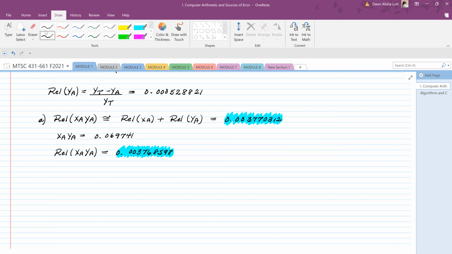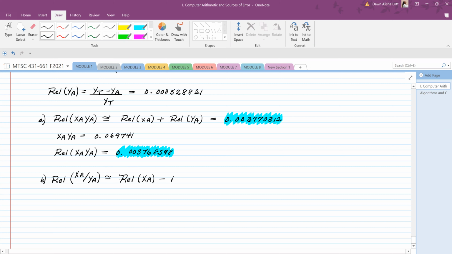Okay, let's do B. What's the relative error if I take X approximate and divide by Y approximate? Well, we said that that's very close to the relative error of X approximate minus the relative error of Y approximate.